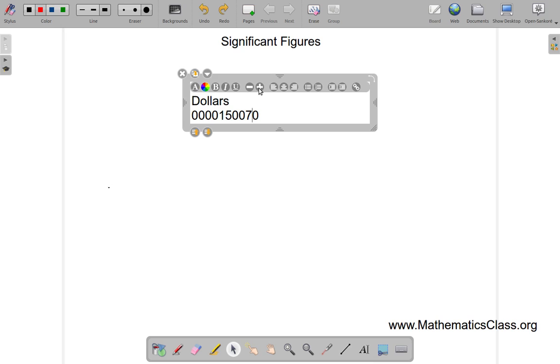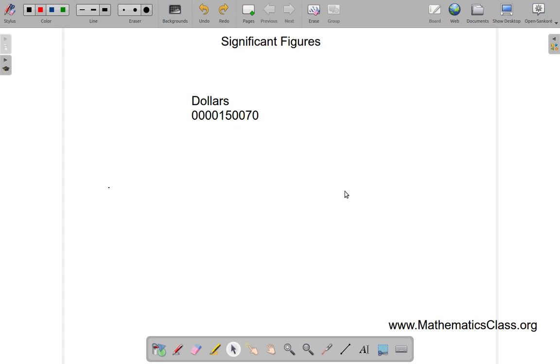Which of these figures are you going to erase without affecting the value of your money? If you can erase a figure and it doesn't change the amount of money you have, then it's not significant. If it changes the amount of money you have in the account, then it is significant. Alright? So let's see.